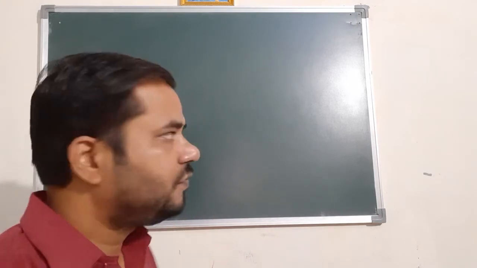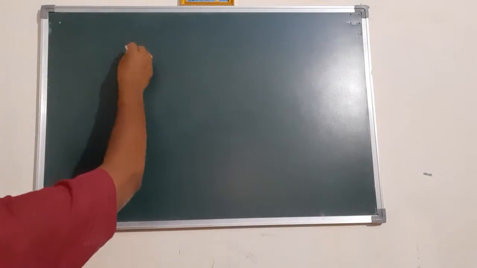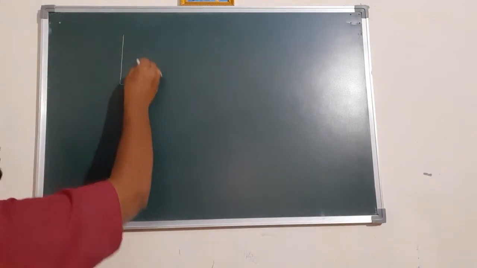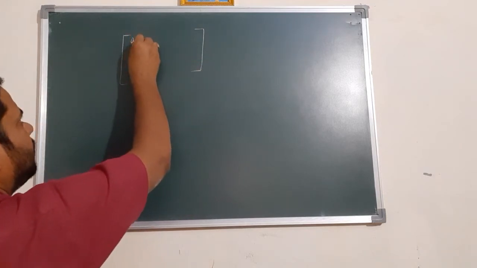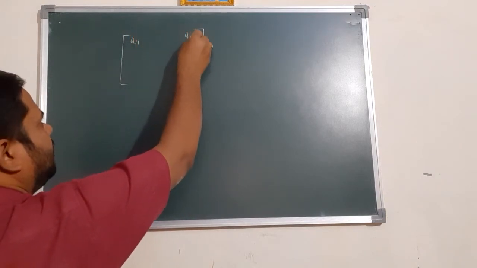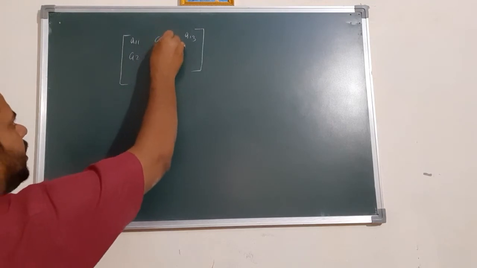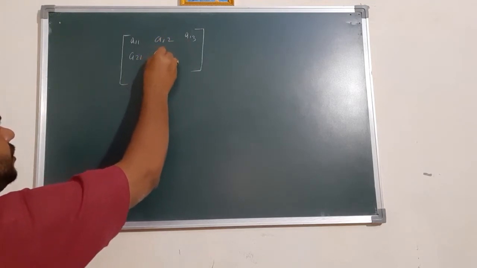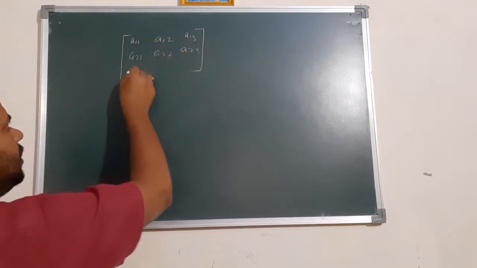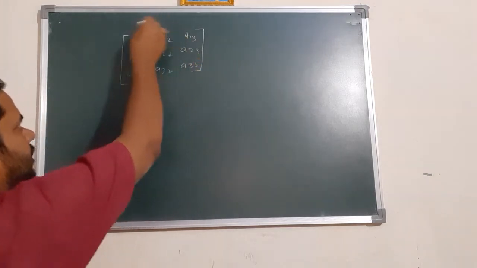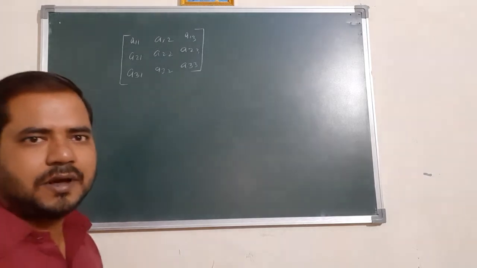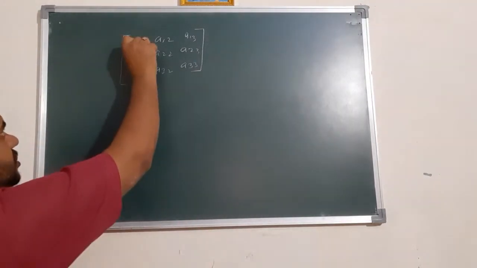Please see, in a 3 cross 3 matrix there are A11, A12, A13, A21, A22, A23, A31, A32, A33. There are 9 entries, but each has to be either 0 or 1.